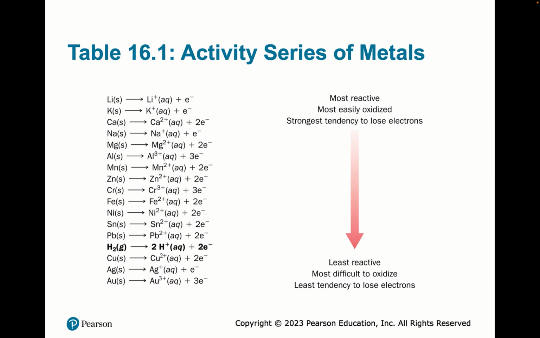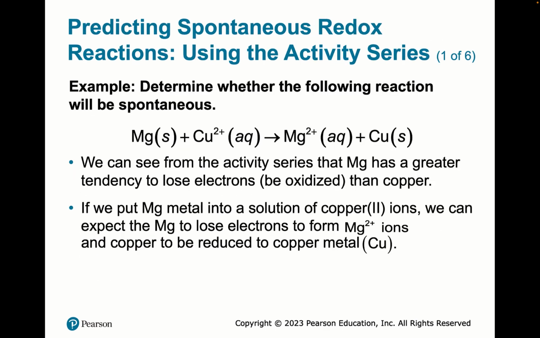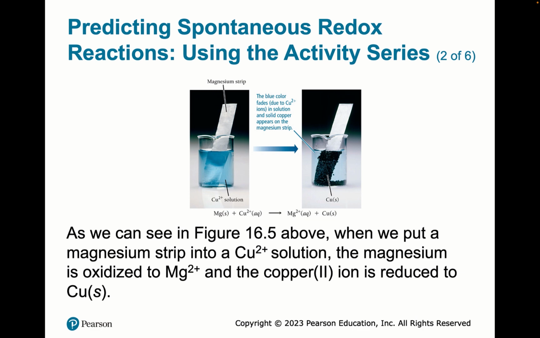But you look at it, magnesium is up higher. Since magnesium is the metal and it's higher than that, it's more likely to be oxidized. This, in fact, will be spontaneous as written, so this forward reaction will be spontaneous by the relative positions of magnesium metal versus copper ion. And remember, copper ion, because it's the ion, not the metal, is on the reactant side of the reaction.